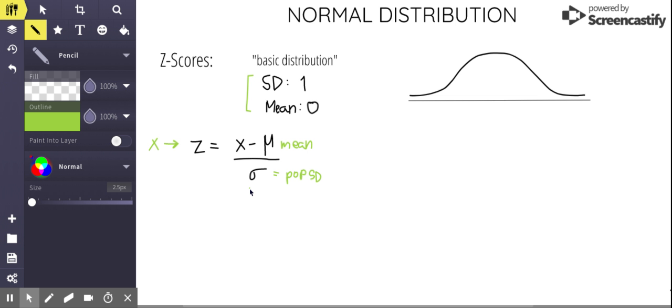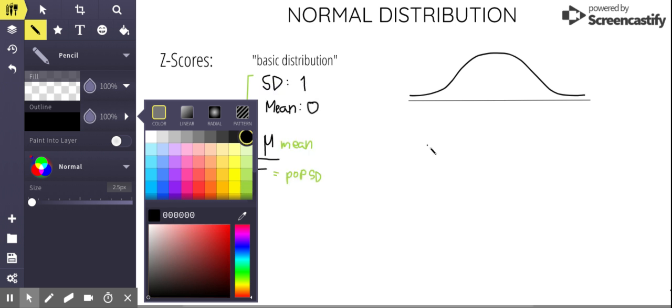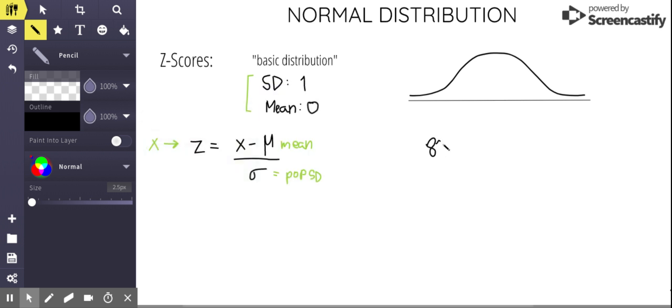And now we're going to be going ahead and looking at a few problems to calculate z-scores. So for example, what is your z-score if you have a score of 82, as in percent of an assessment, assuming that the standard deviation is 1 and the mean is 0?